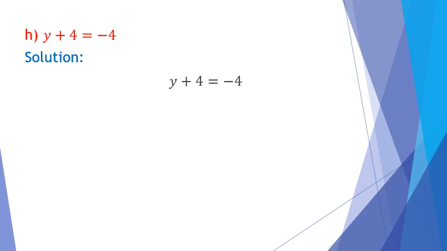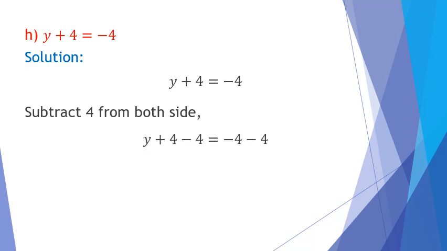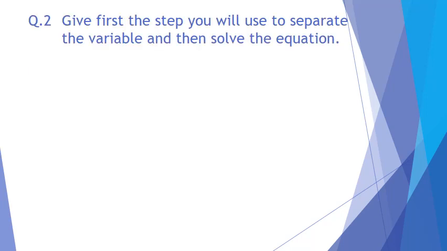So plus 4 and minus 4 cancelled, and on the RHS, minus 4 minus 4, apply the rule of addition of integers. Minus 4 plus minus 4, same sign, you can add and put the same sign. So we get minus 8. That is, y equal to minus 8 is the solution.